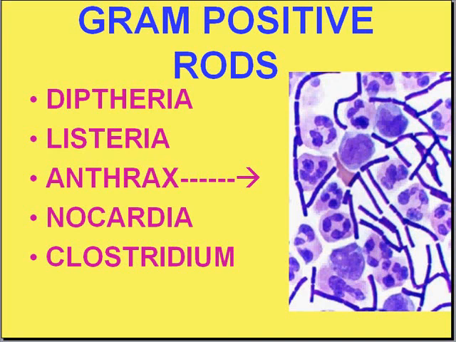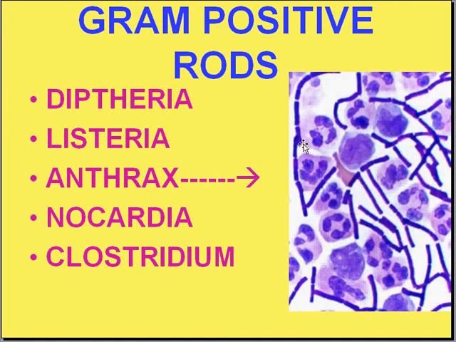Listeria is several things. One of the things it is, it's a foodborne infection that has a very high fatality rate, perhaps around 25%. It's also a cause of meningitis in newborns by virtue of the fact that it has a remarkable propensity to infect the placenta.